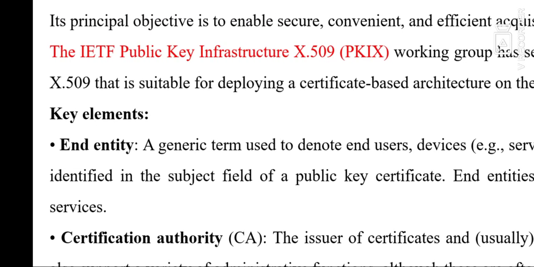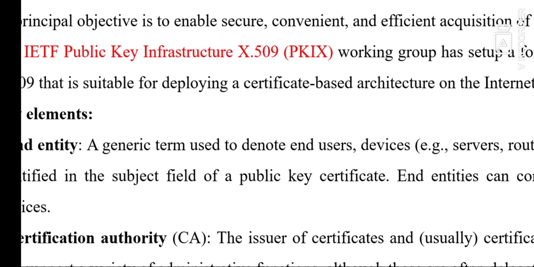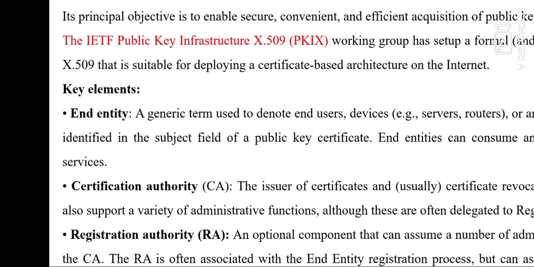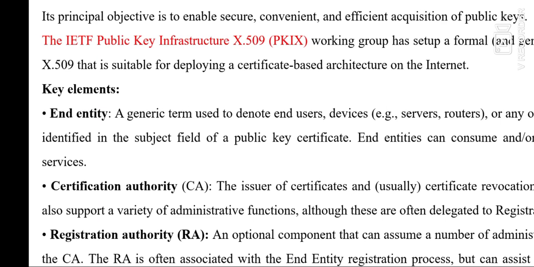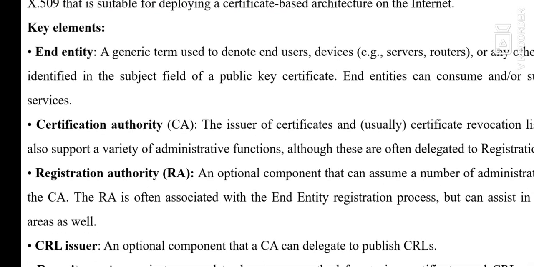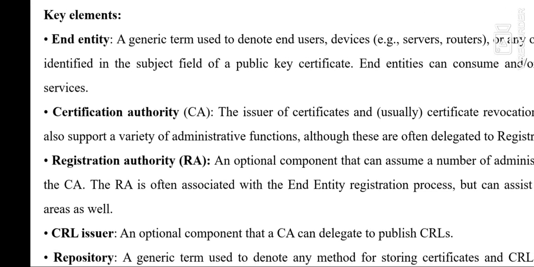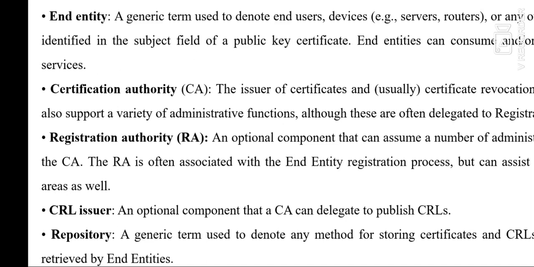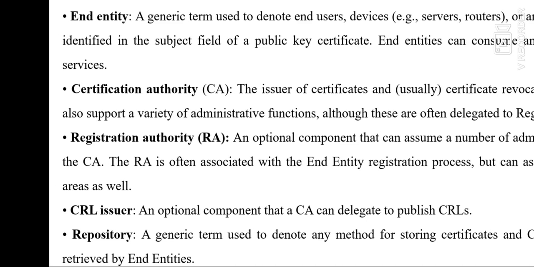It is Public Key Infrastructure X.509, known as PKIX. It is a working group and it has formulated a model that is fully based on certificates. As I told, the main key elements are end entity, certification authority, registration authority, CRL issuer and the repository.